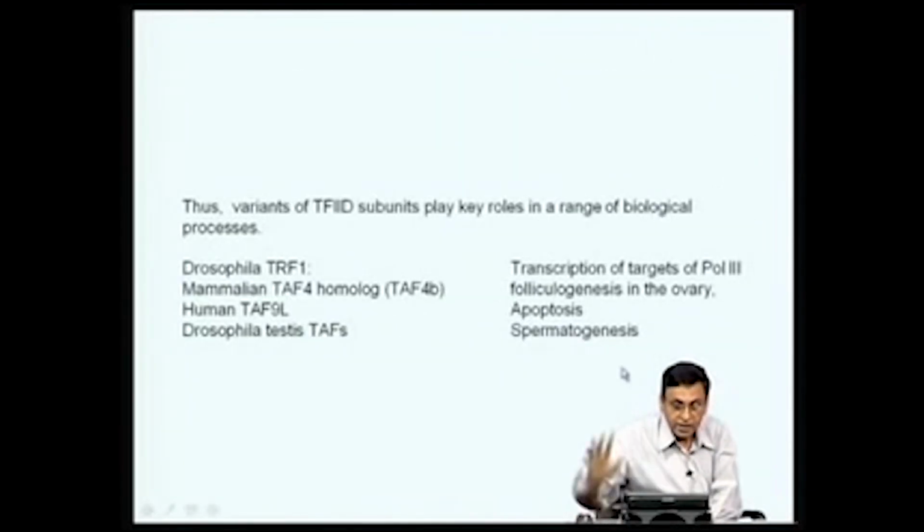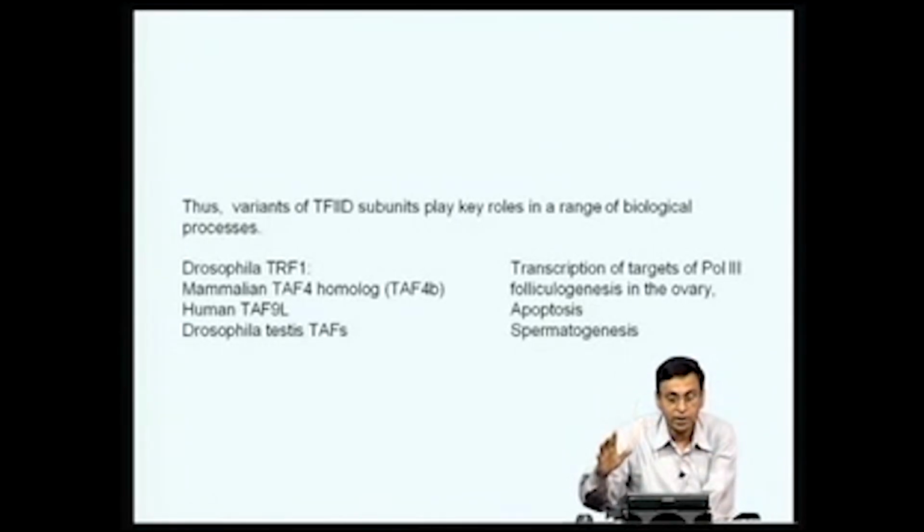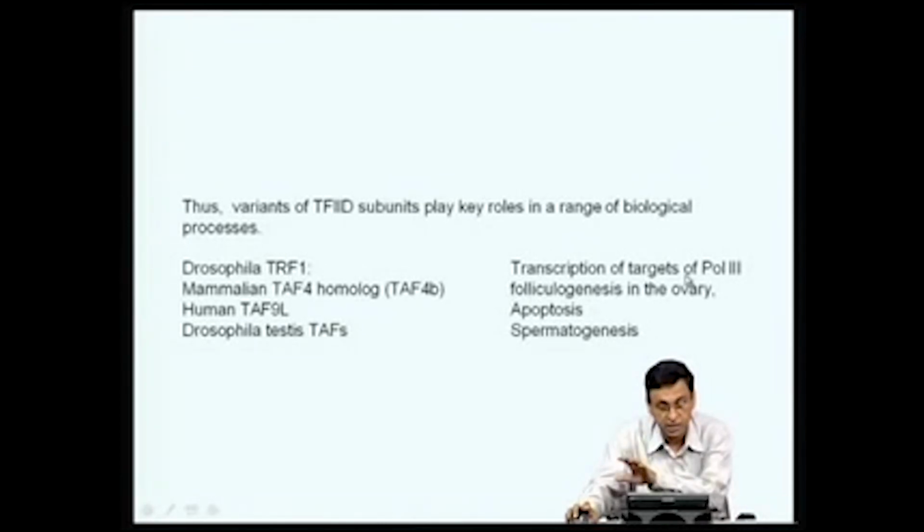So, variants of TBP, TFIID subunits, whether it is TAFs or TBP variants, play a very important role, and I have just given you some examples here. In the case of TRF1 in Drosophila, it has been shown that TRF1 is essential for transcription of Pol3 as well.